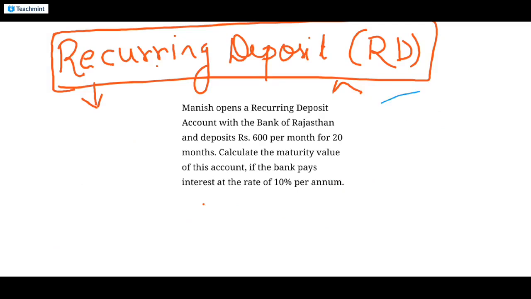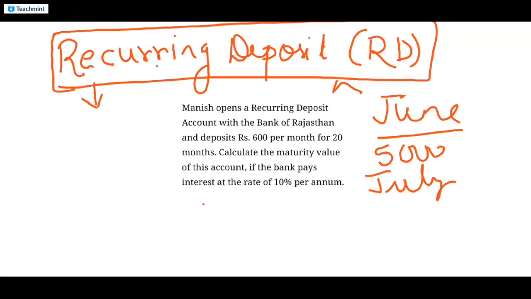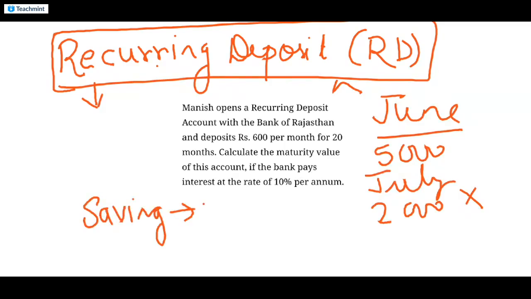For example, you have started your RD, let's say from the month of June, and you decided you will put 5,000 every month, but then in July you think I should lessen the amount and I'm just going to put 2,000. That's not going to work for RD. So for RD, first point is that you will be putting your money monthly.